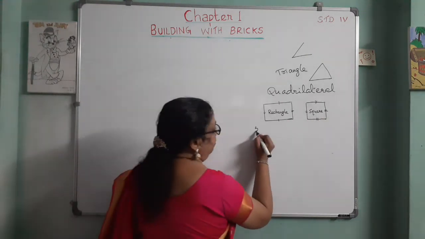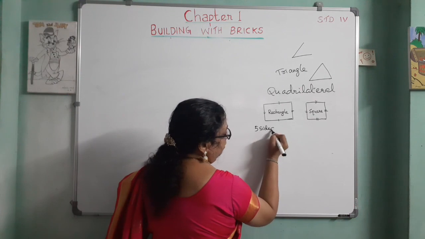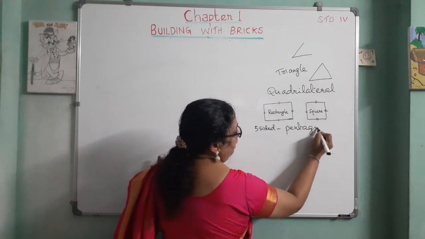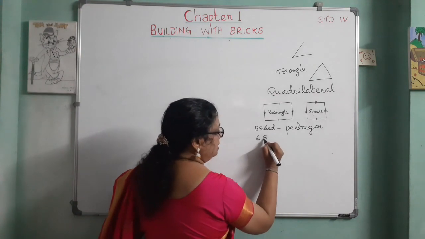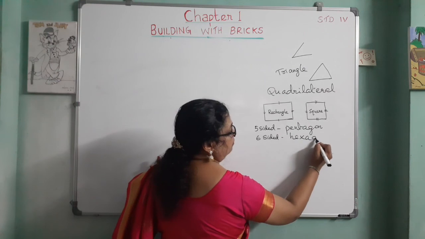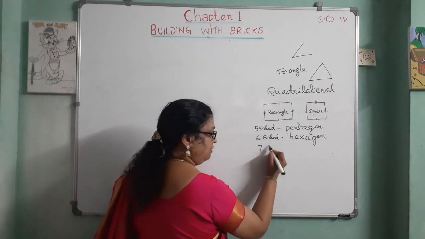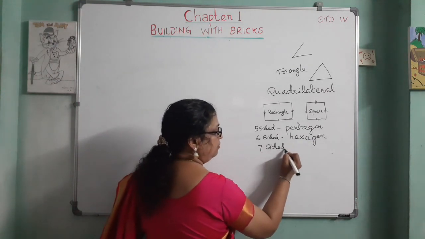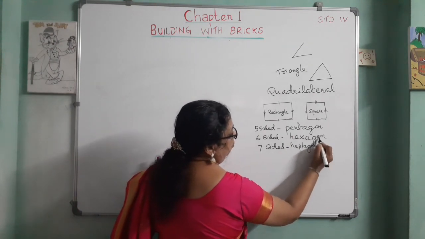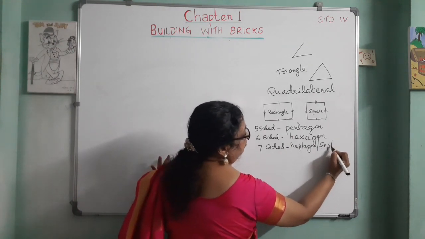Then 5-sided polygon. What is a 5-sided polygon? 5-sided polygon is called pentagon. 6-sided polygon is called hexagon. Then 7-sided polygon is called heptagon or septagon.